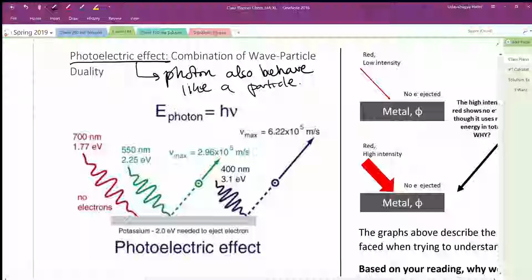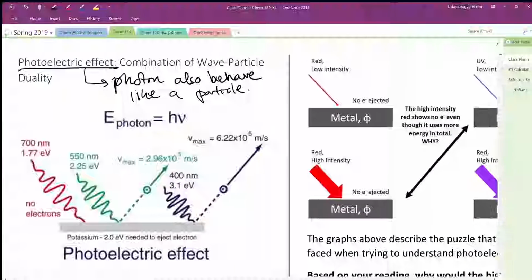Okay, so those are the two things. The first one makes this equation much easier to understand and experimentally easy to see, and the second is that photons behave like a particle. So let me explain the experiment a little bit, and then we'll do some calculations and things like that.